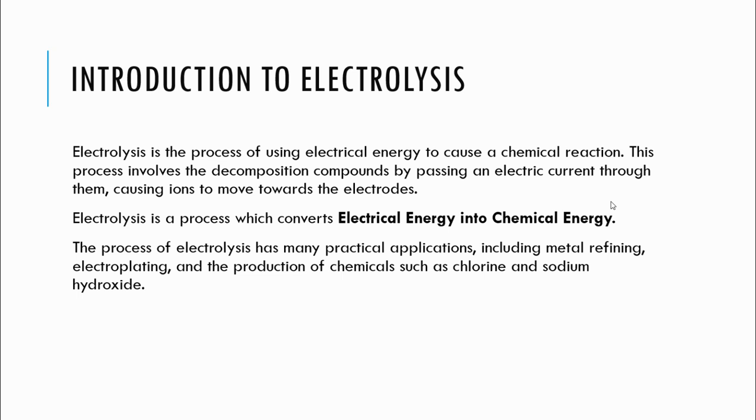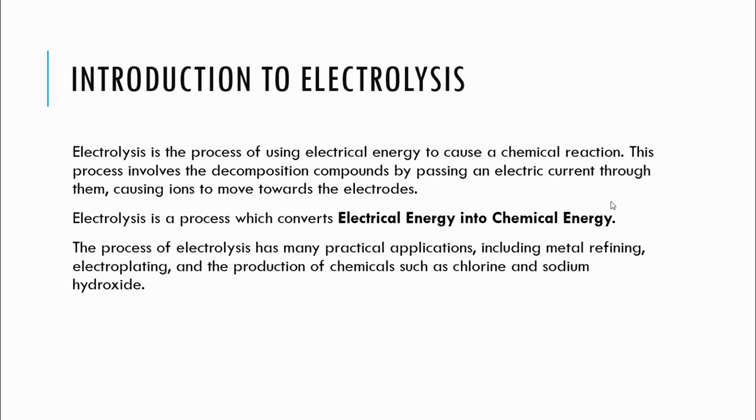We can use electroplating to plate a metal with another metal, like plating iron with gold, making iron look like gold and the likes. That's electroplating. Then there is the production of chemicals such as chlorine, sodium hydroxide and so on. That's also very important.